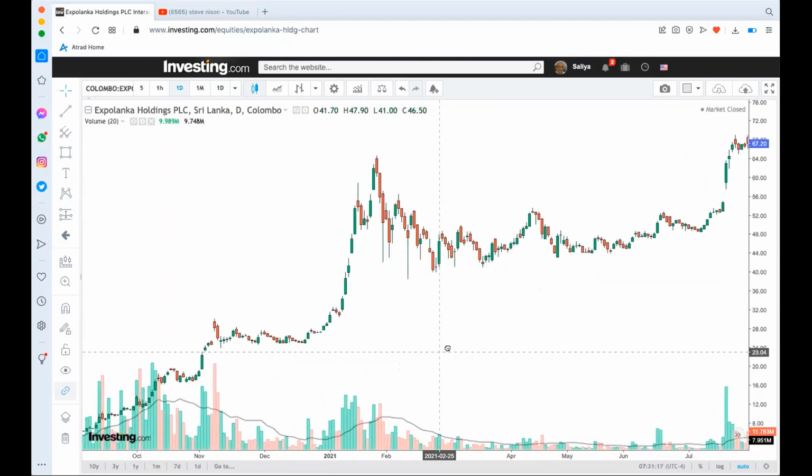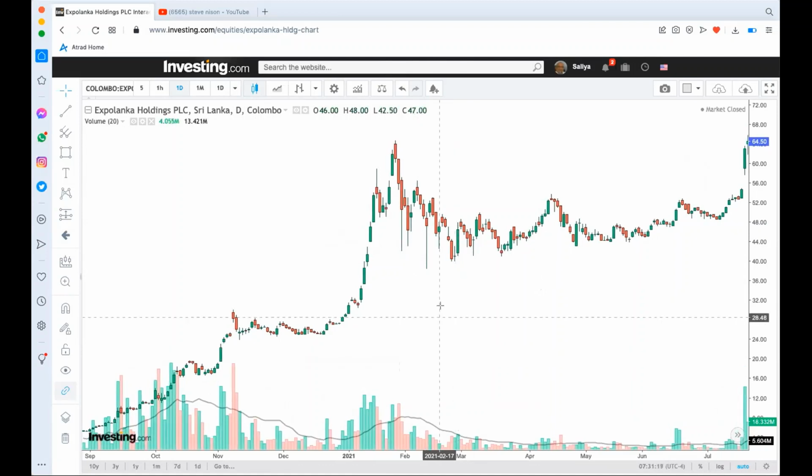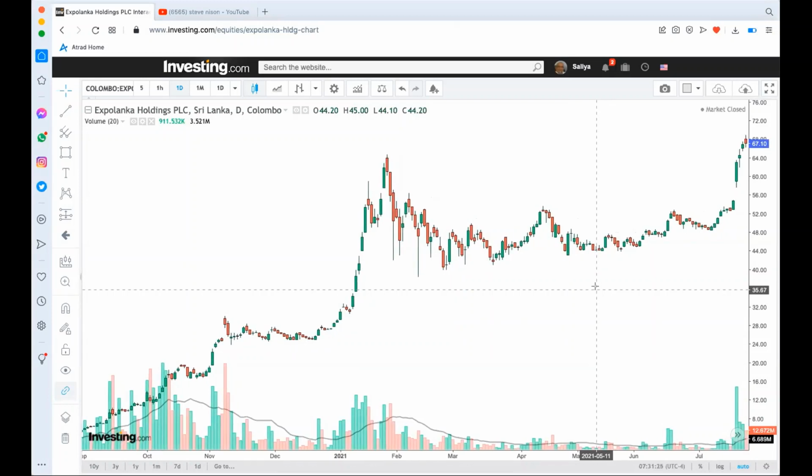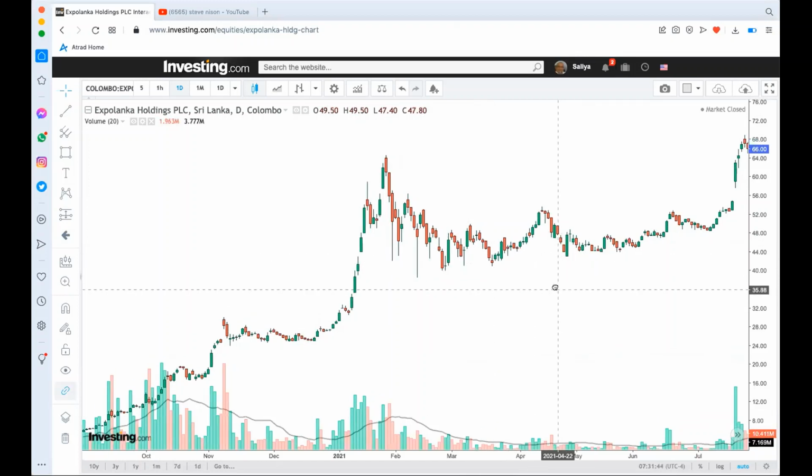You can see something similar to an inverted hammer over here, something slightly similar to that, right? It would have been nice if the upper wick is a little bit longer, but this can be considered as an inverted hammer, right?